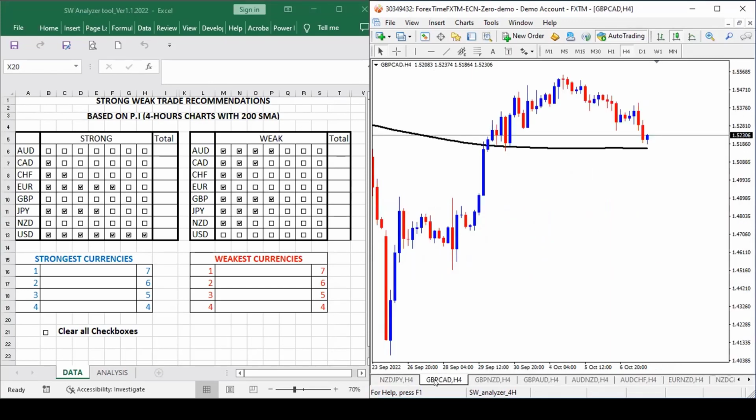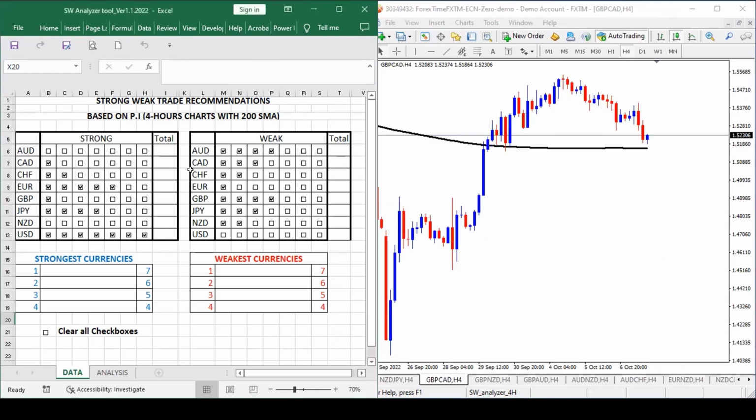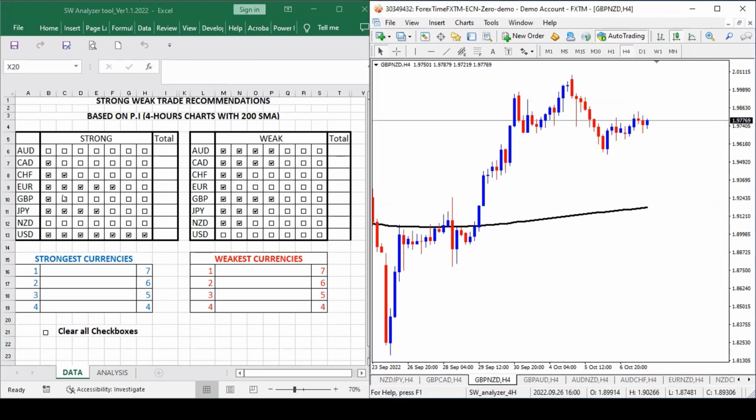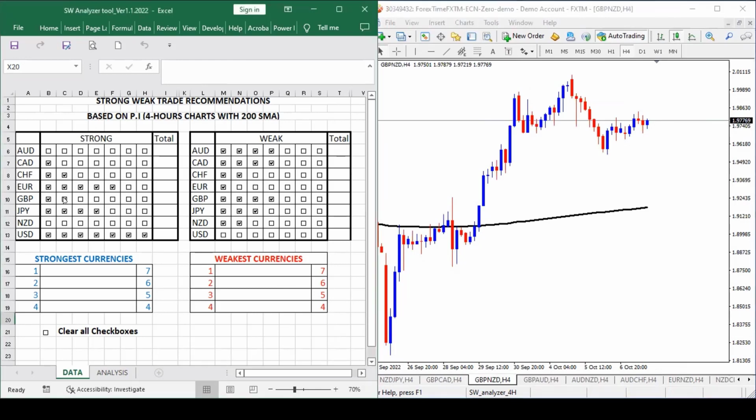Pound CAD. It's trading above this 200 period simple moving average. So the pound will have the up arrow and the CAD will have the down arrow. Pound New Zealand, the pound will have an up arrow and the New Zealand will have a down arrow.